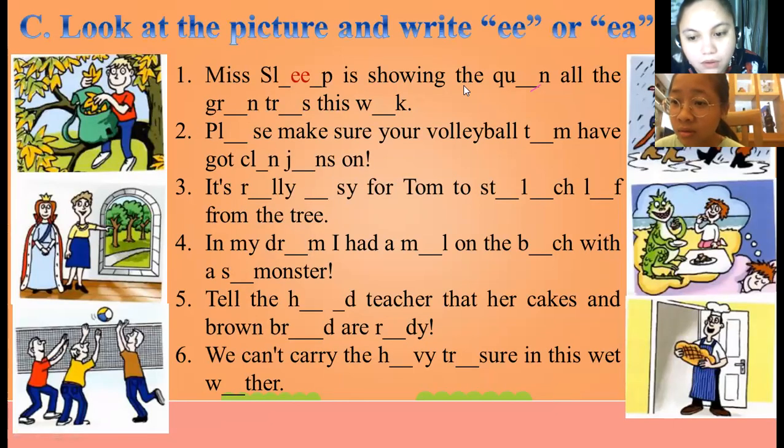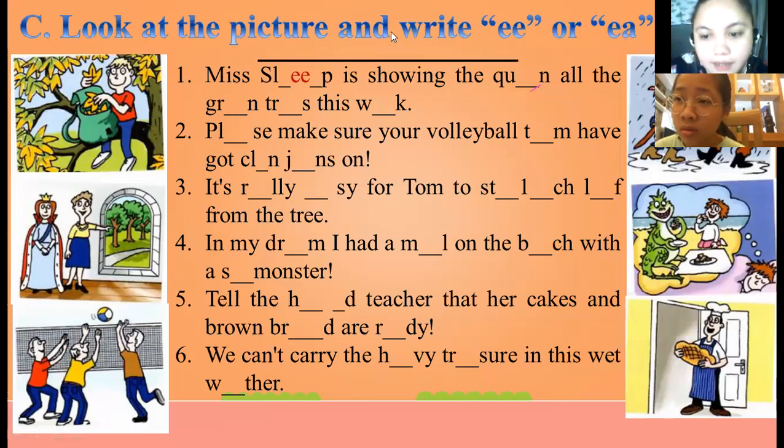Oh, all right. So here, you must put EE or EA, okay? So the number 1 is EE. Wait a minute, I have to write your answers. All right. So the first one is EE because what word is this?